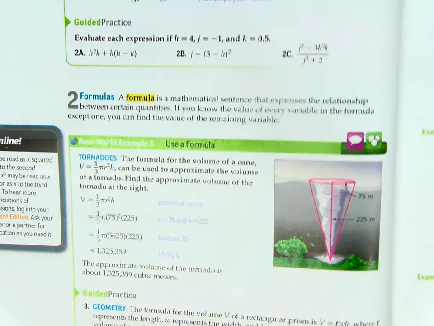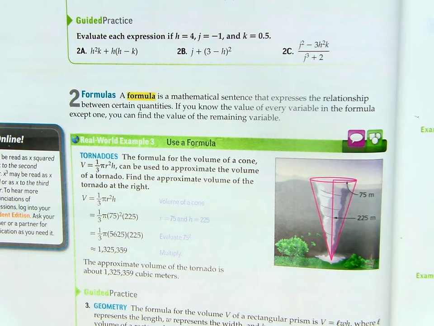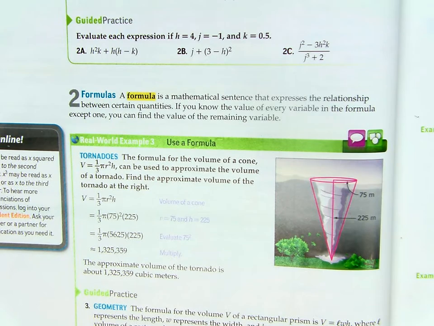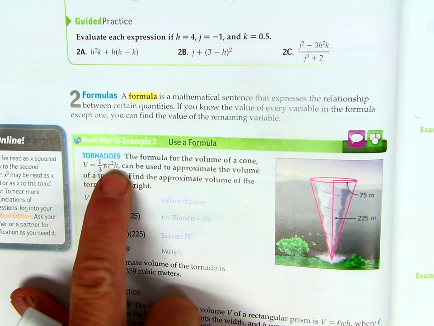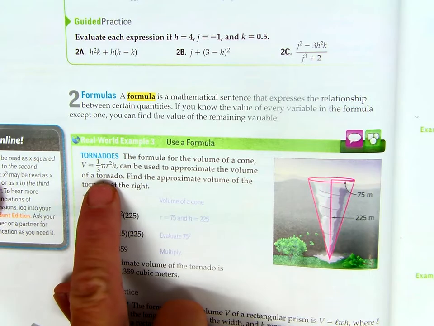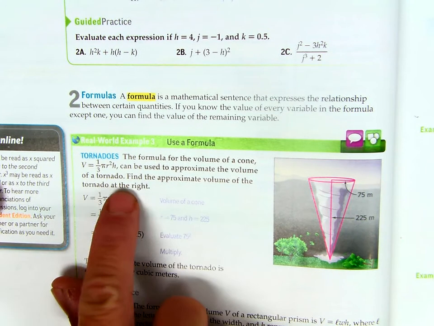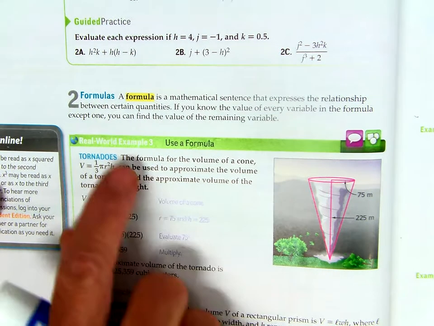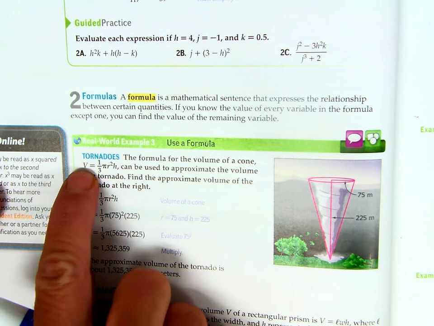Real world example 3. The formula for the volume of a cone. Volume equals 1/3 pi radius squared times height. Can be used to approximate the volume of a tornado. Find the approximate volume of the tornado at the right. In this formula, V is what we're solving for.